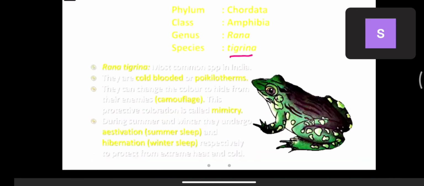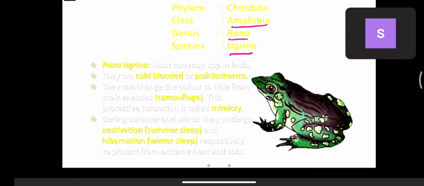Genus is Rana. Class Amphibia. And phylum is Chordata. Clear, no? So Rana tigrina is the most common species in India. So wherever you want, you can find these frogs, ma. So they are cold-blooded or poikilotherms. Clear, no? Cold-blooded organisms, you can also call them poikilotherms.